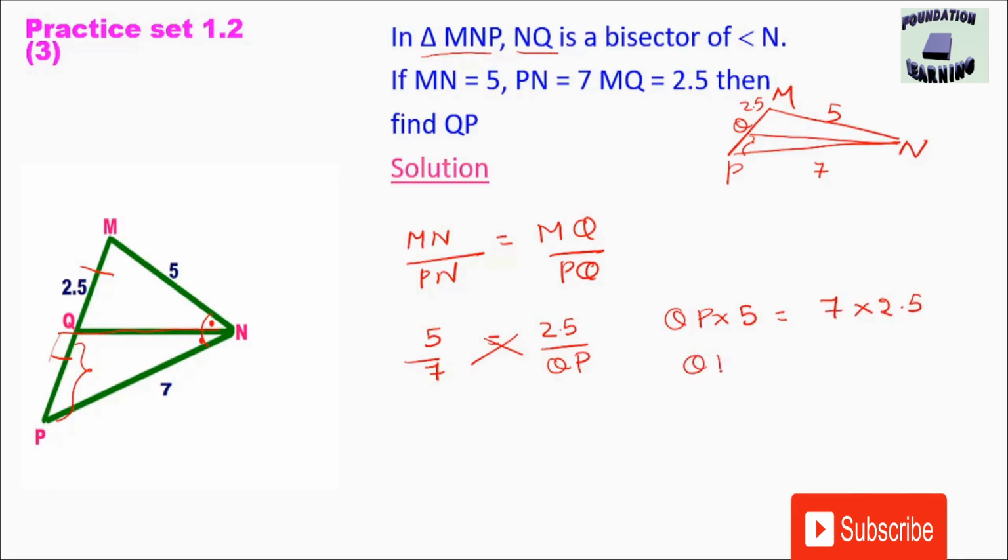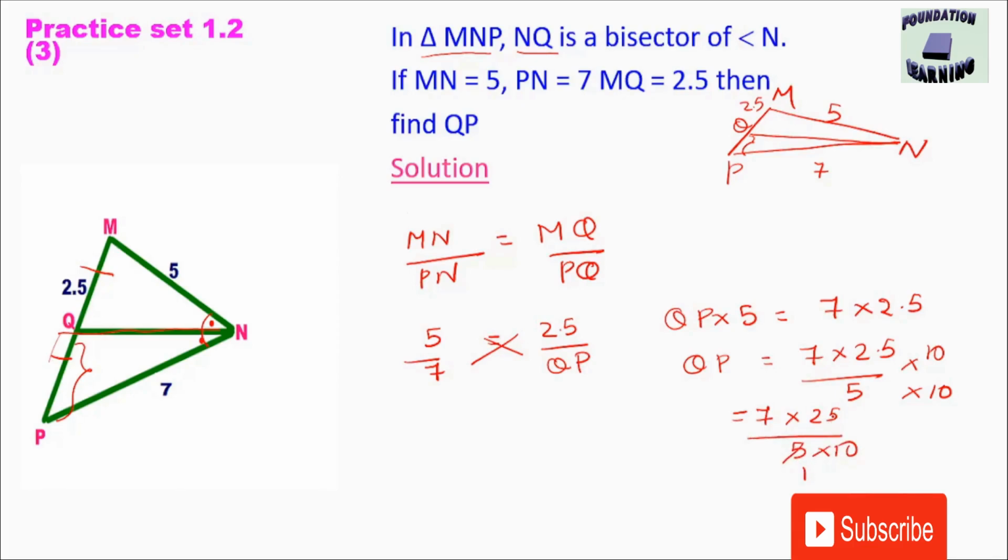Therefore, QP is equal to 7 into 2.5 upon 5. Now, since there's a decimal on top, I will multiply both by 10. Whenever you multiply the numerator to remove the decimal, we have to multiply the denominator also. So what do we get? 7 into 25 upon 5 into 10.